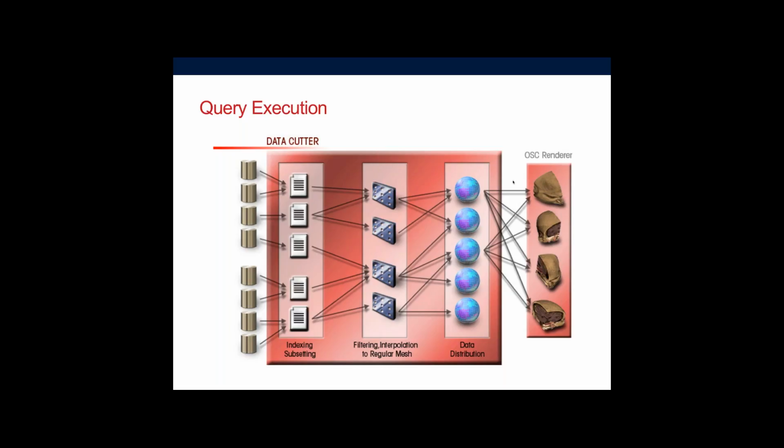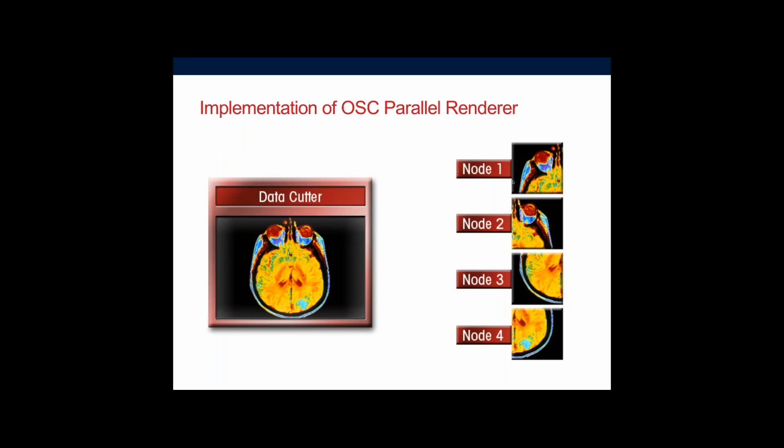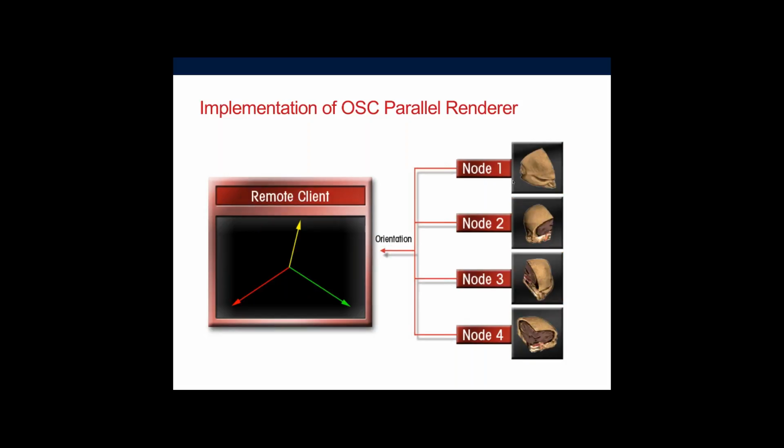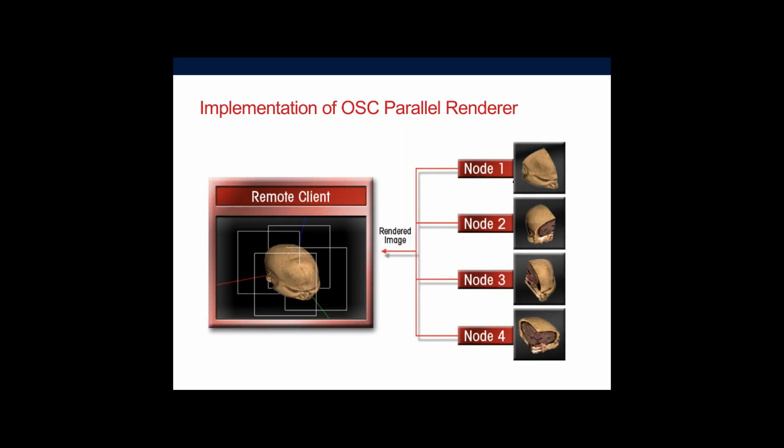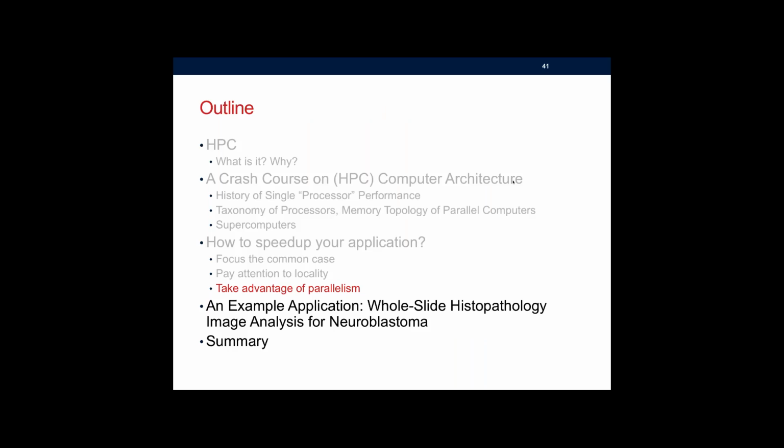In this case, simple indexing, filtering, and creating the appropriate data structure, moved to where the data origin is stored. Then we only move the data that will be required for our rendering, and from there we only move to the client just a single image to display on the computer. So that's the second thing. You need to really pay attention to locality.